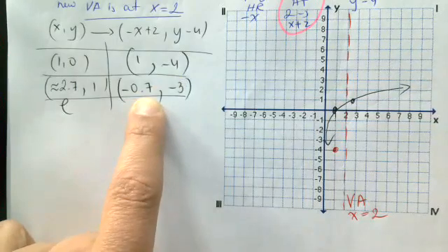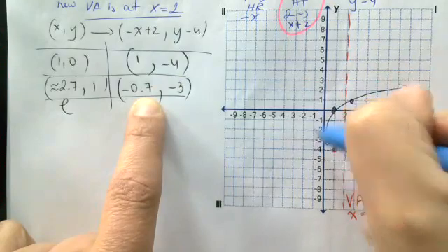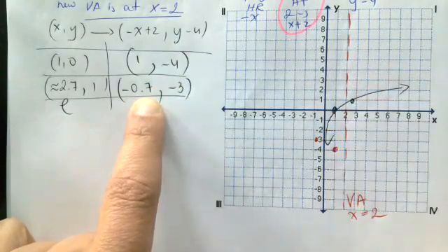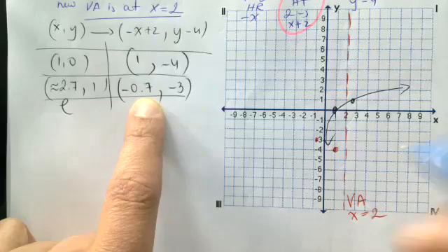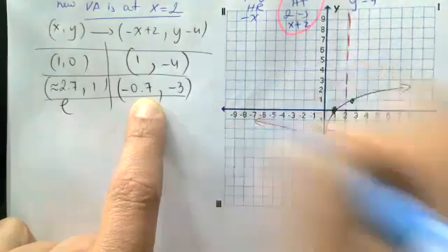Negative 0.7, negative 3. There. And it looks like our graph is something like that.